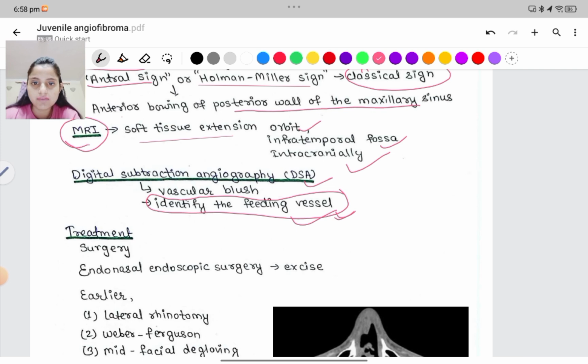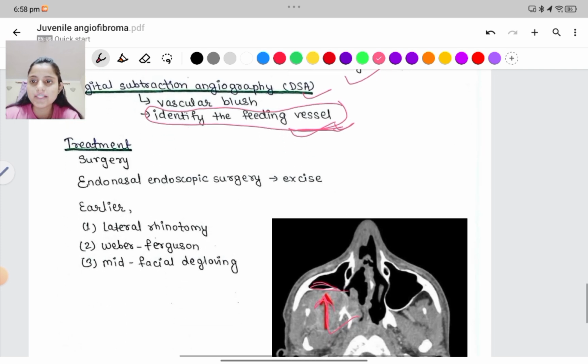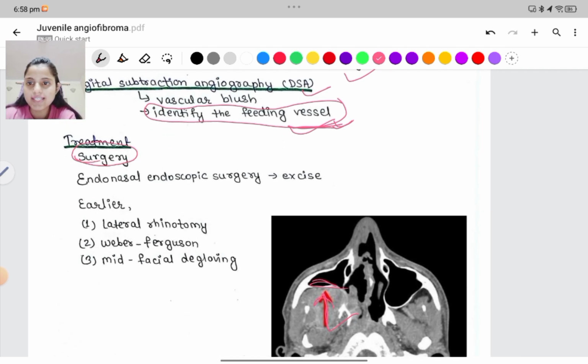Preoperative embolization of the feeding vessel is done in order to reduce intraoperative blood loss. For the treatment, surgery is the treatment of choice. We can do endonasal endoscopic surgery to excise the lesion. Earlier, lateral rhinotomy, Weber Ferguson, and mid-facial degloving were done.